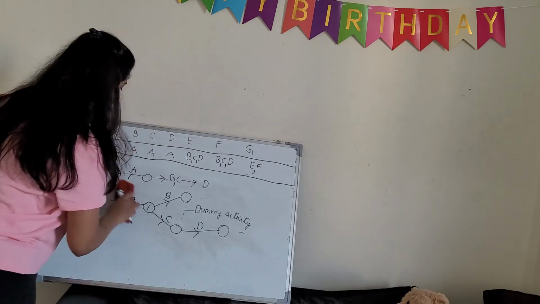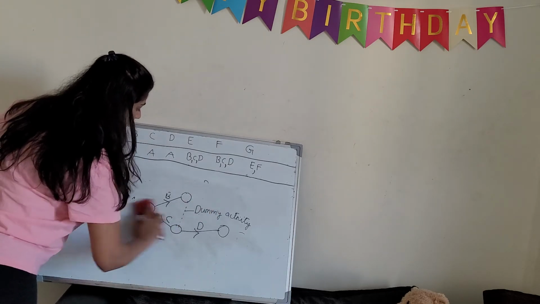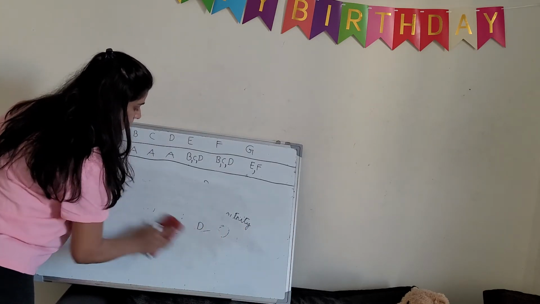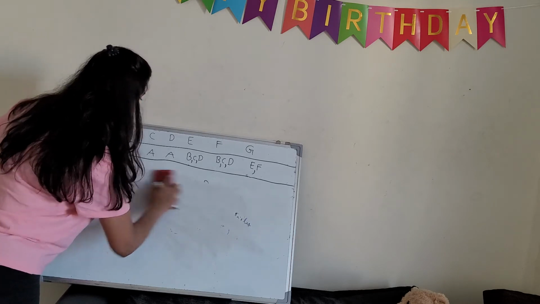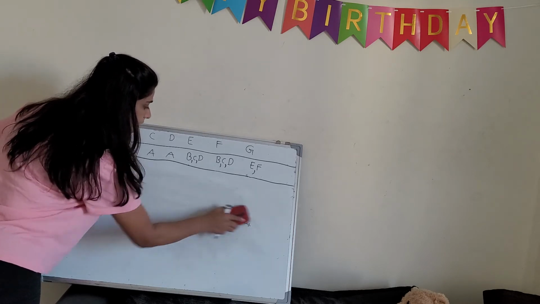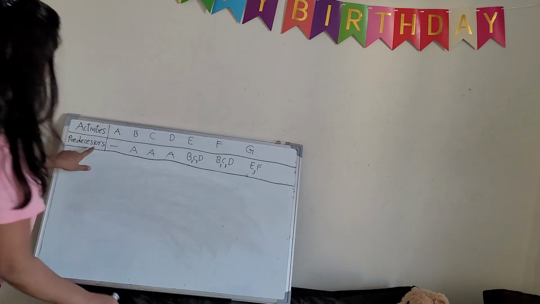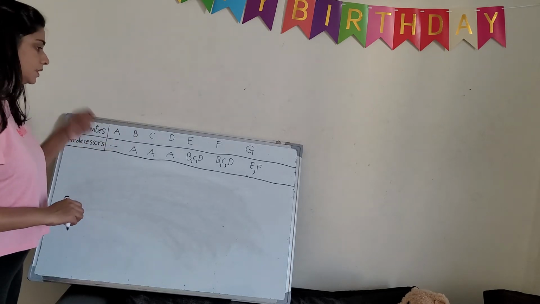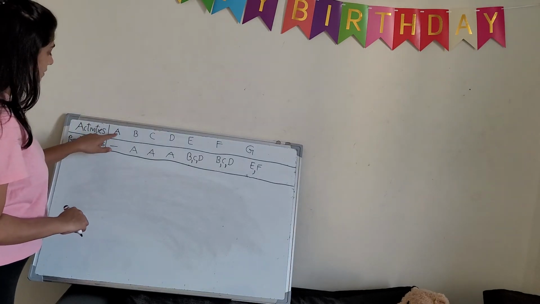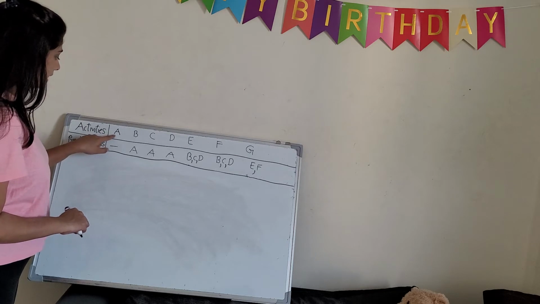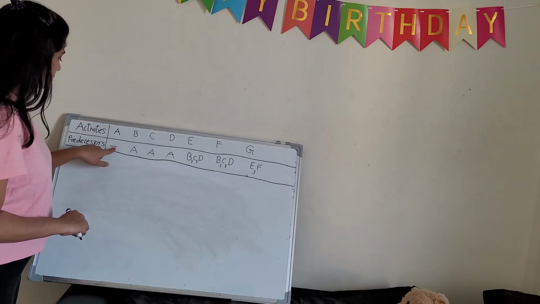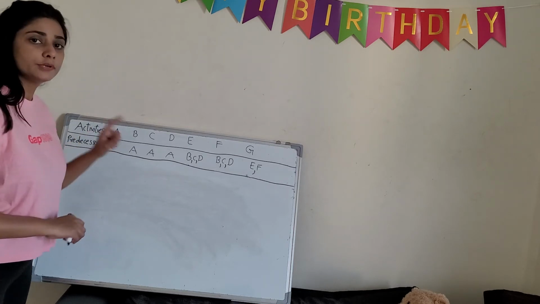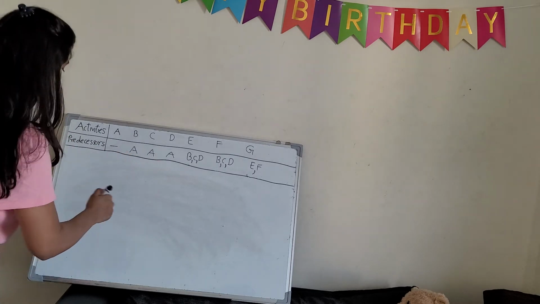So this is the numerical. Now come to the numerical. In this numerical, in the first column activities are given, and in the second column predecessors are given. So we can see for activity A, no predecessor is given. So this is the first activity of the network.